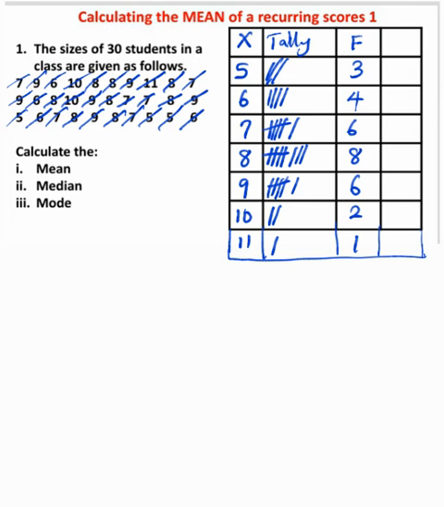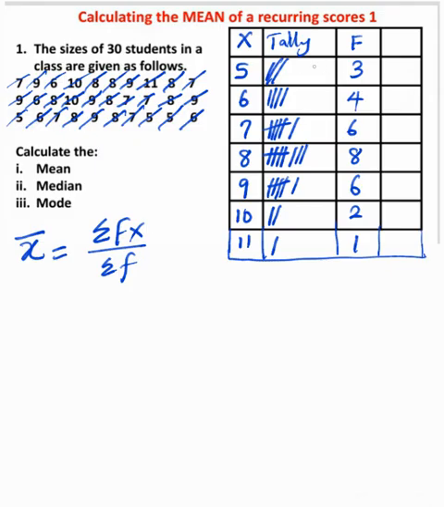For the mean of a recurring data, we use the formula mean equals summation fx over summation f. Summation fx over summation f. F is the frequency and x is the score in the distribution. This simply means we're going to multiply the frequency and the score.